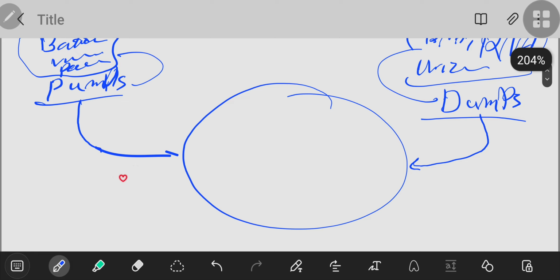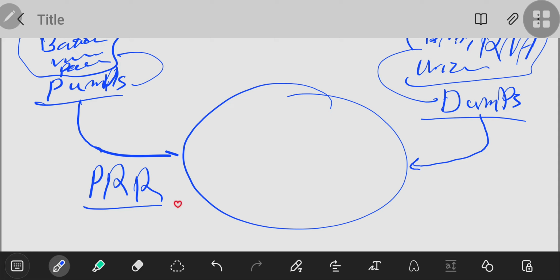For the bombs, the receptor is called PRR, which in the book is pattern recognition receptors. For the dumps, TLR, which is toll-like receptors. So for the bombs, PRR; for the dumps, TLR.